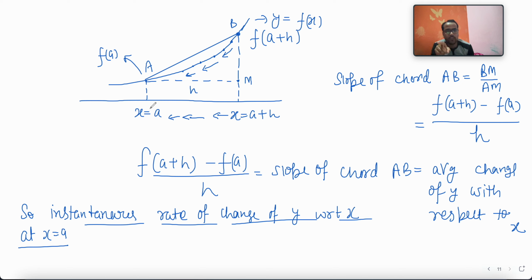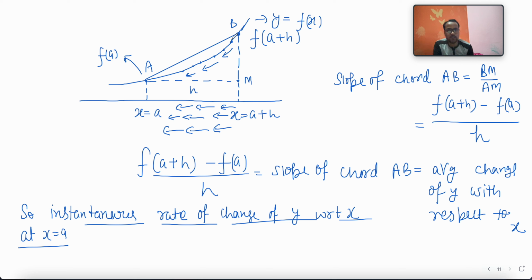We are not moving x equal to a point, we are simply moving x equal to a plus h point this side. So think, if I move x equal to a plus h point this way, that means I am reducing the value of h. Then after some time it is becoming at x equal to a.